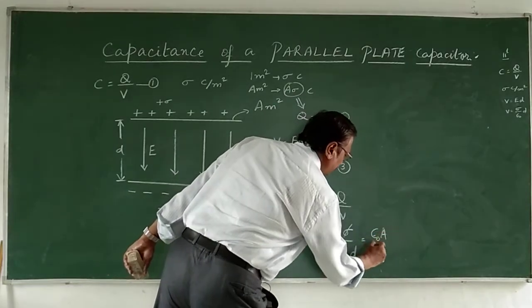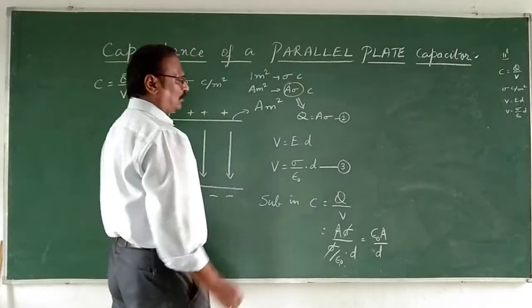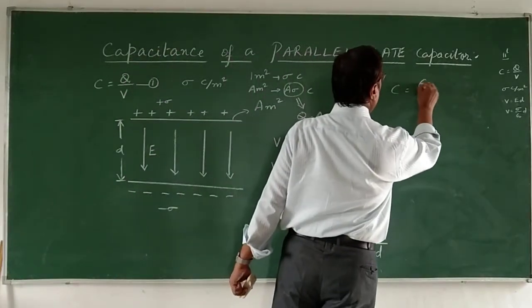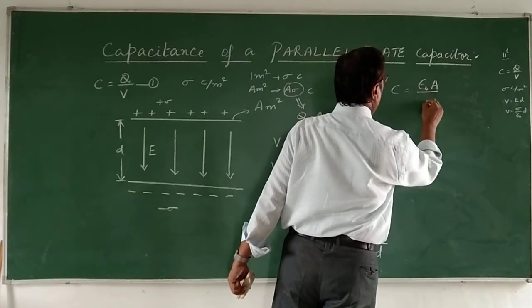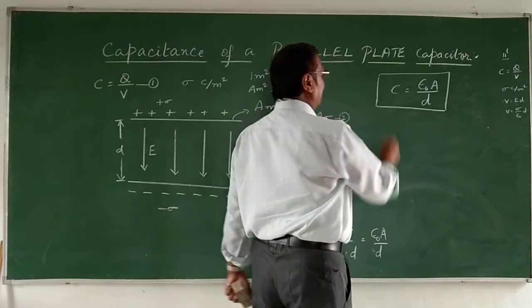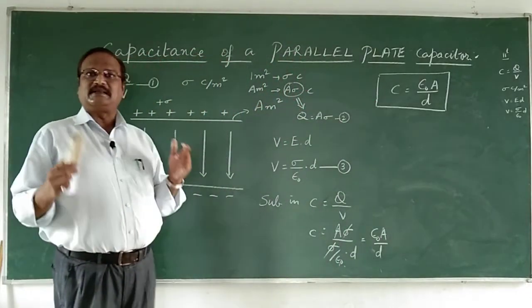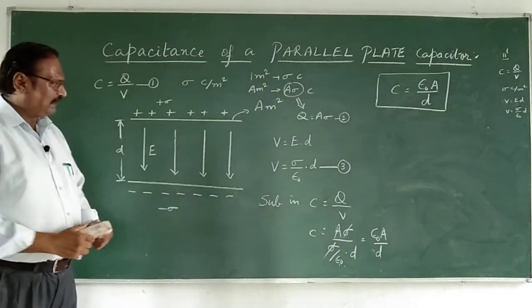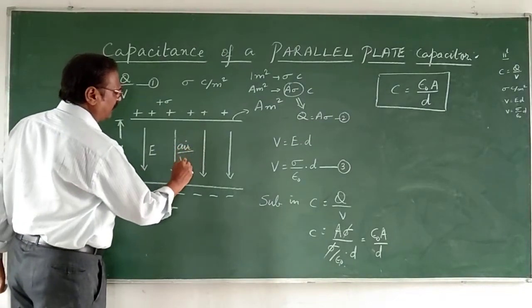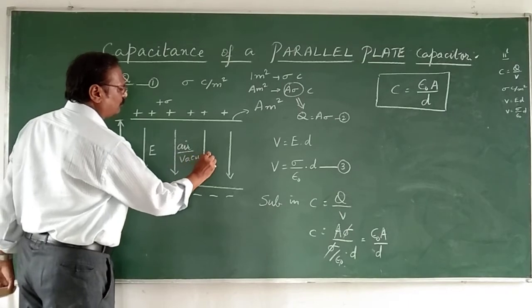C is equal to epsilon naught A divided by d. So this is the formula for the capacitance of a parallel plate capacitor. And what is the medium in between? It is air, or you can say it is vacuum.